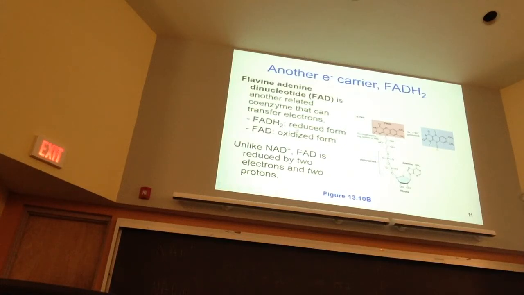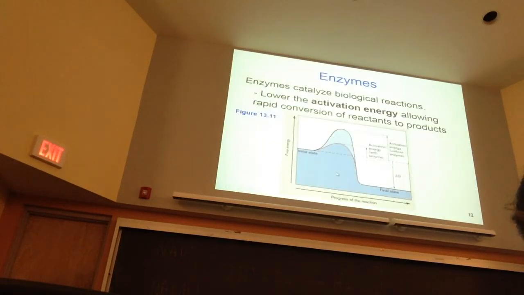So a little different than NADH. You can see both of those hydrogen atoms on the ring, and there they are. Again, kind of reducing the aromaticity of these rings of the flavin. But you'll get that in a biochemistry course.